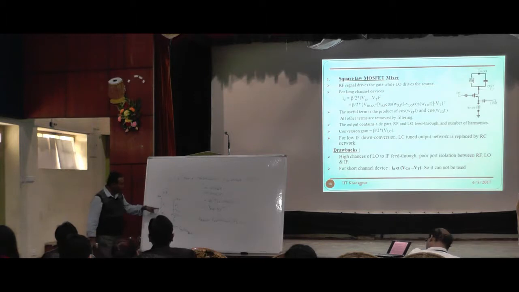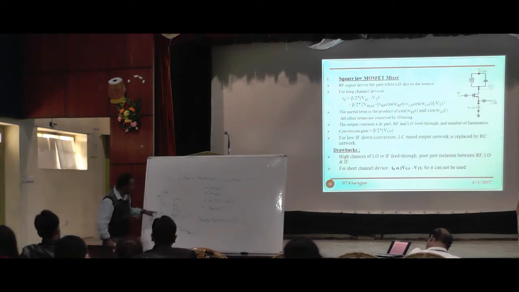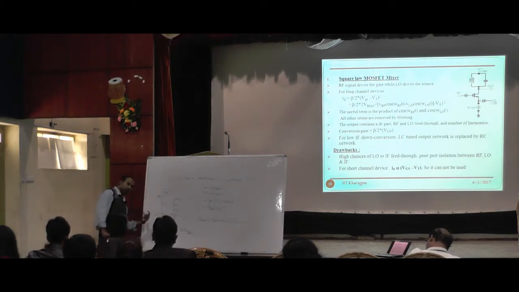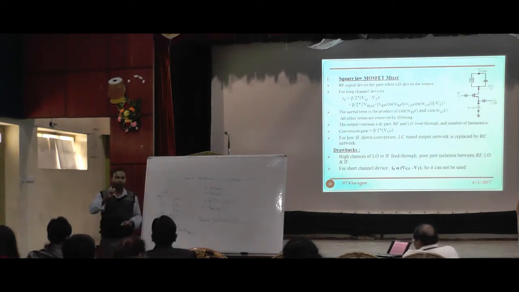Now, just after some time, with the speed of the local oscillator, this transistor is moving on and this is off. So again I am having the situation just reversed. Just imagine what exactly happened. Think. If this transistor never turns on and this is always on, then it becomes a common source amplifier.